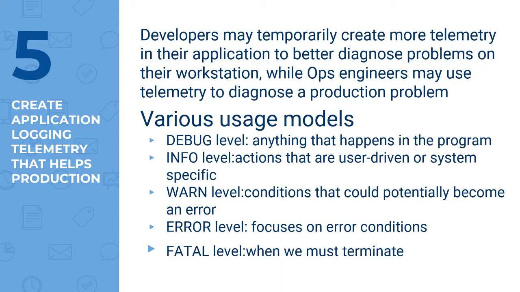Some usage models are: debug level, which is basically anything that happened in the program; info level, which is user-driven or system-specific; warn level, which is a condition that could potentially become an error; error level, which focuses on error conditions; and fatal level, when we must terminate, which we don't want.